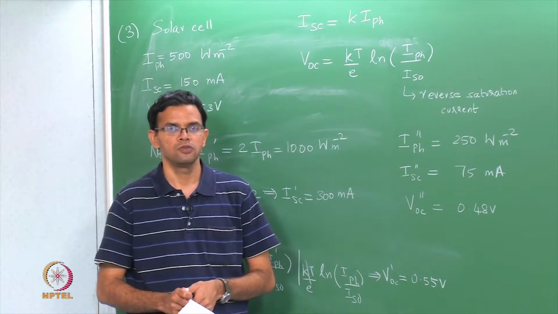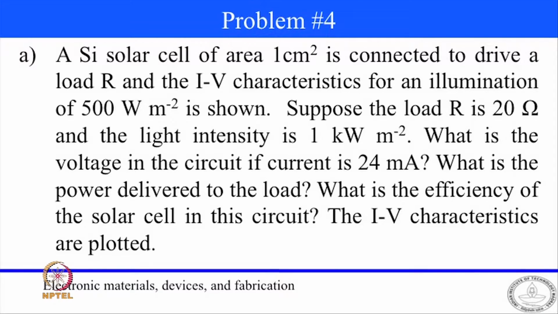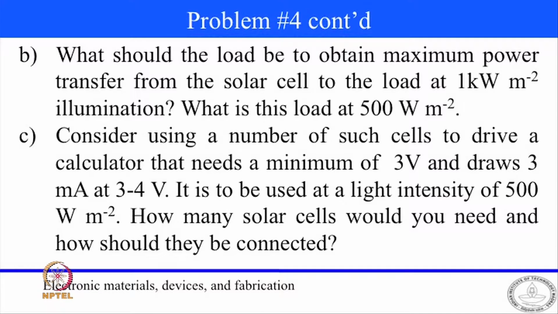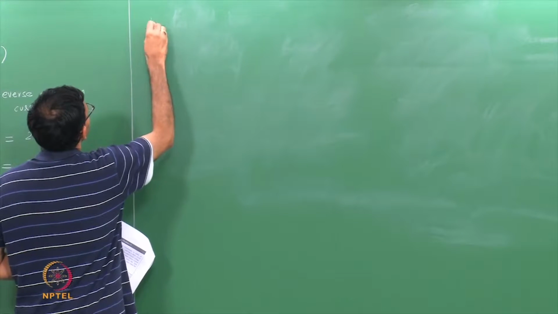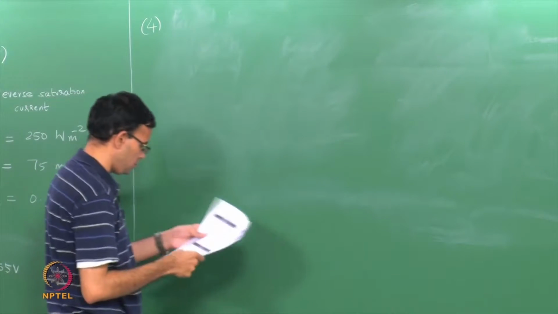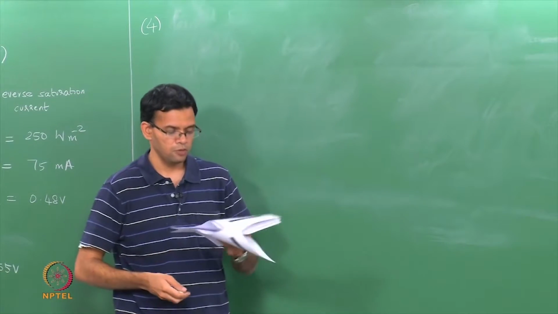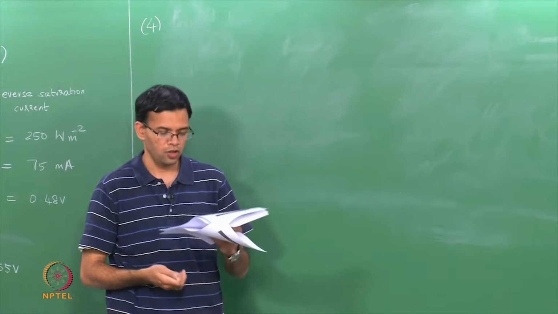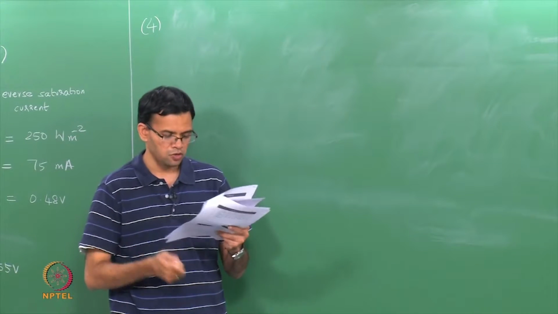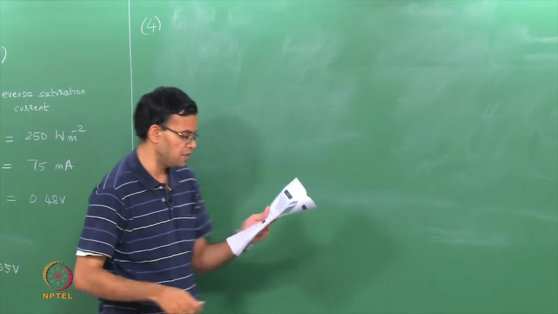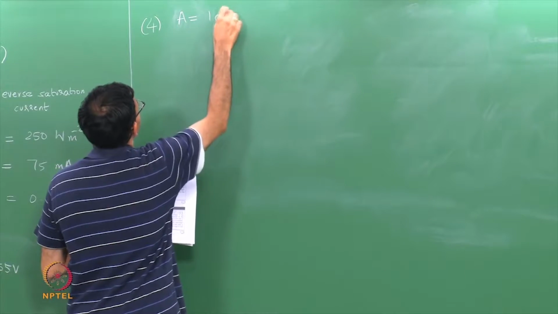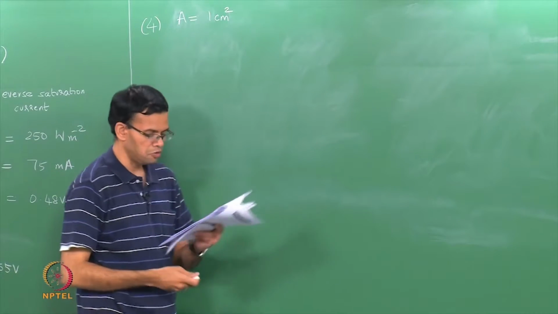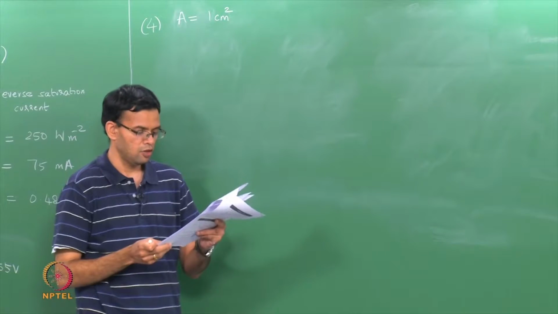Let me now go to problem 4. Problem 4 is also related to a solar cell. So, we have a solar cell of area A is given and is connected to drive a load R of 20 ohms.